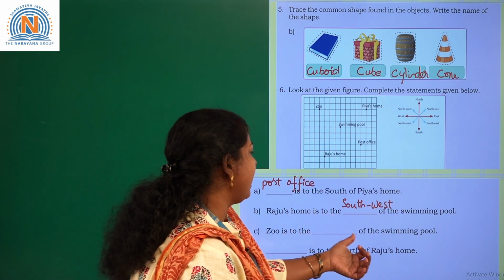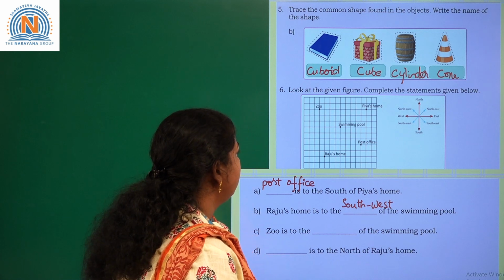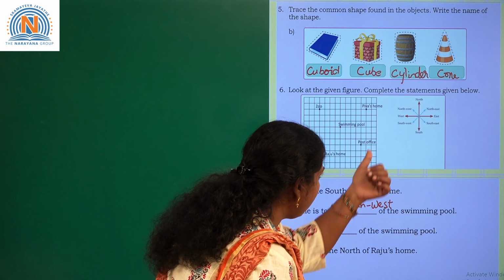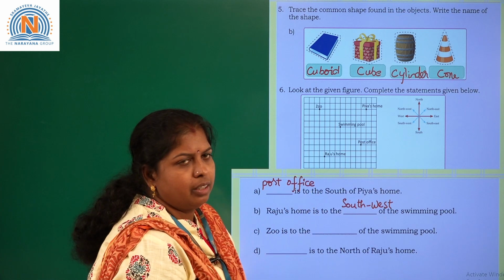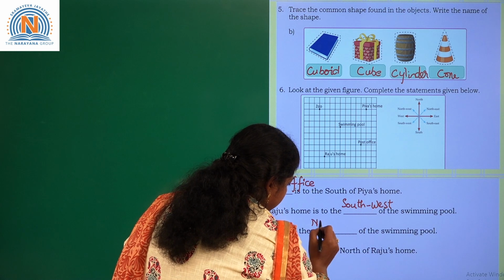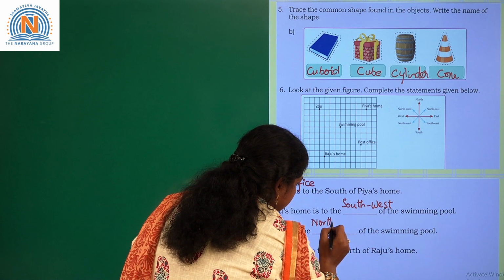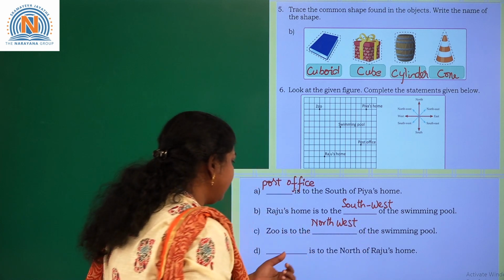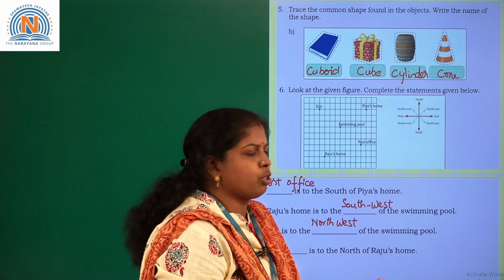Jew is to the dash of the swimming pool. Observe the Jew, and where is Jew to the swimming pool? It is northwest. Dash is to the north of Raju's home.